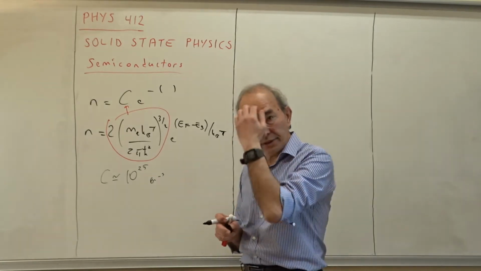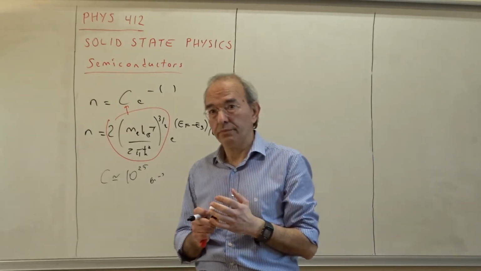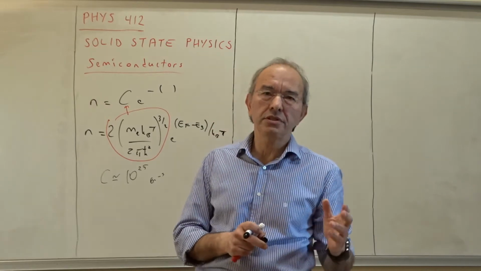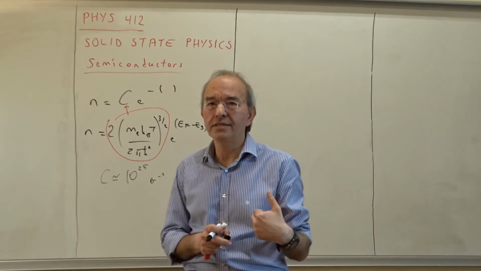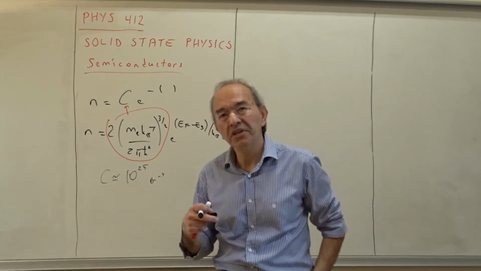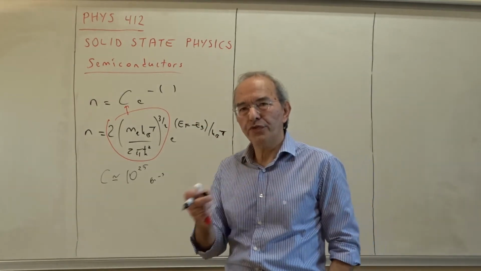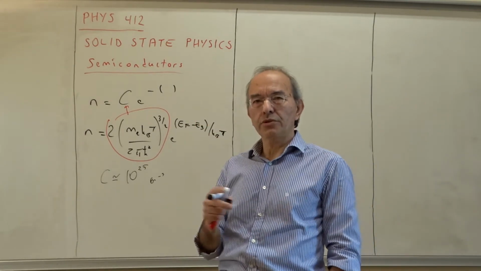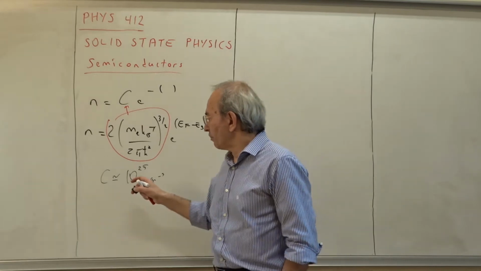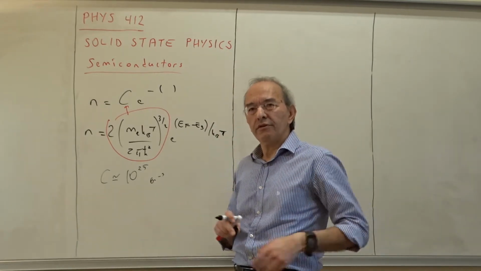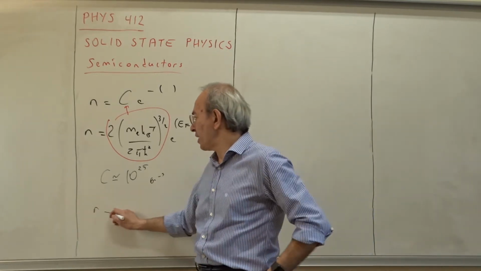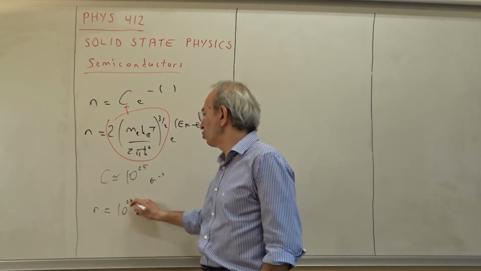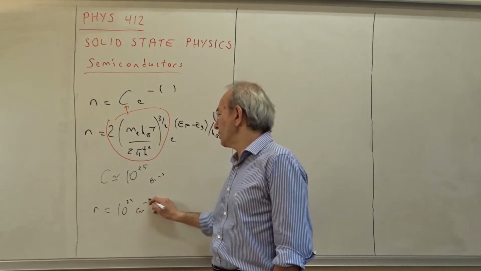Therefore, these are not just numbers, they are number per unit volume. In some problems it is given on a per cubic centimeter basis, in some others per cubic meter. The conversion factor is 1 million, remember, 10 to the 6. So in some problems, for instance, n may be on the order of 10 to the 22 per cubic centimeter.